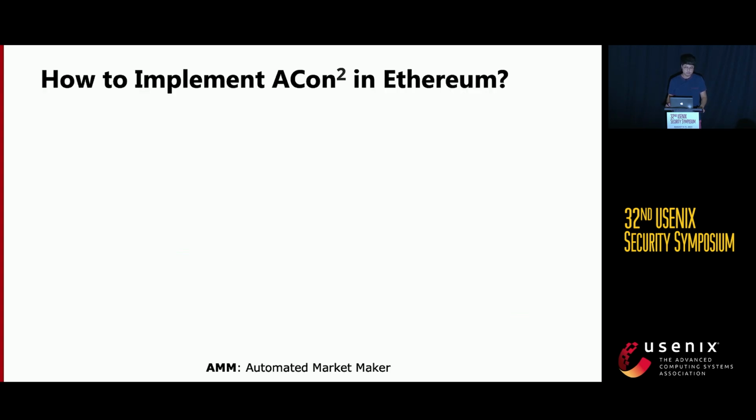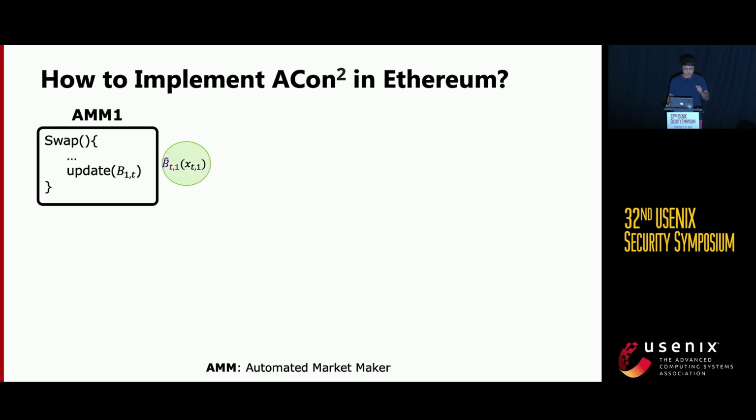Then how can we implement this ACon square algorithm in Ethereum? This is one way to implement it. Whenever a user wants to swap their coins, they call a swap function in the automated market maker, AMM. At the end of this code, we put the update function that updates the base prediction set. After this update, this function writes the prediction set in the block.